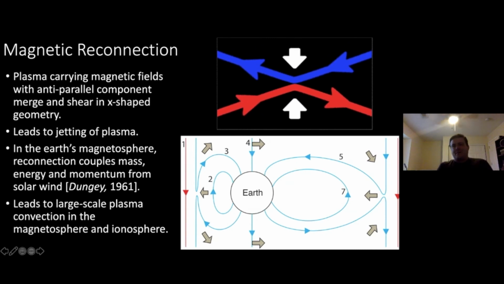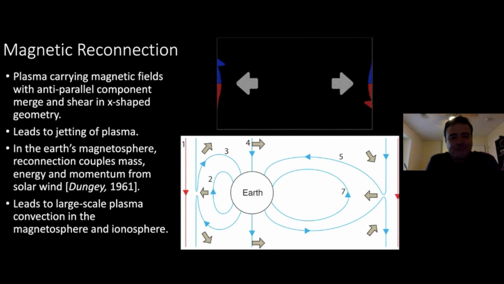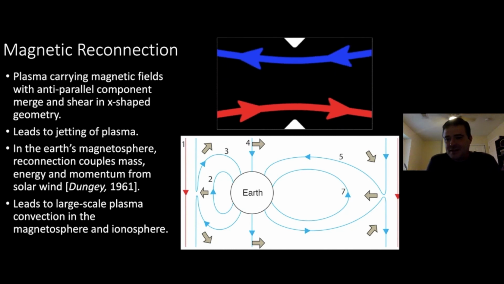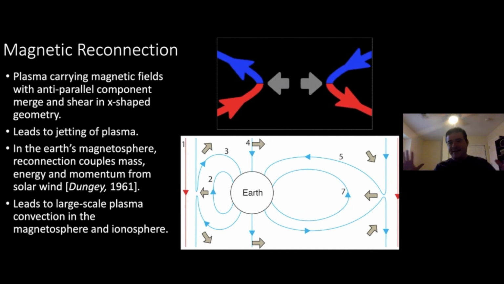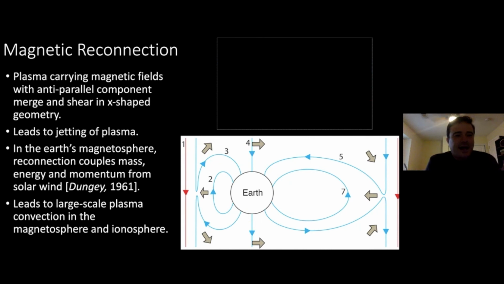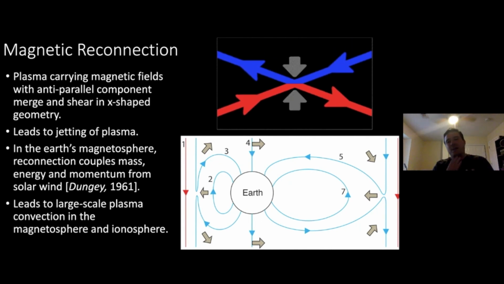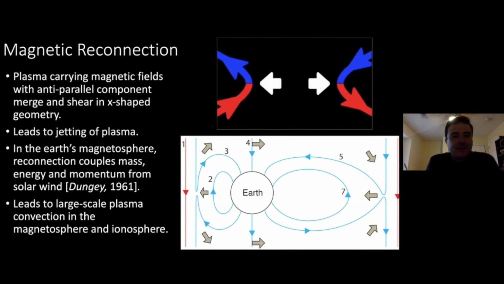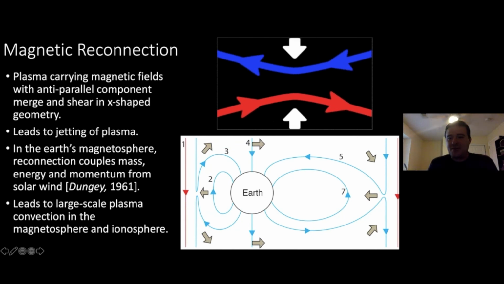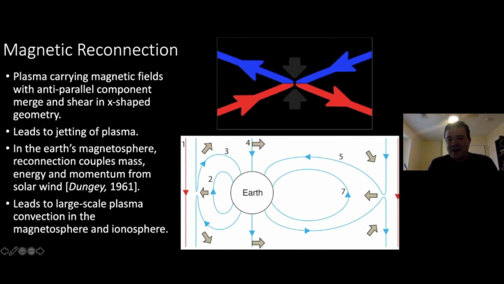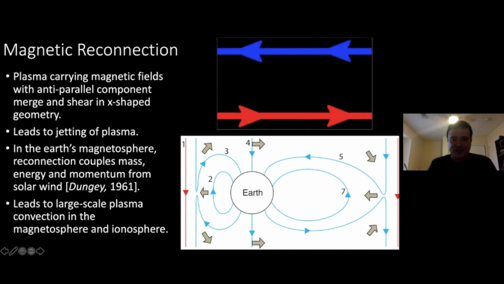So to talk in a little more detail about this process, it's called magnetic reconnection. Essentially, plasmas, when they're extremely highly conducting, can carry magnetic fields with their bulk flow. And when plasma is carrying magnetic fields that have an anti-parallel component and merge, you can get this X-shaped geometry where the magnetic fields break, reconnect, and then it leads to jetting of plasma away from the reconnection site.